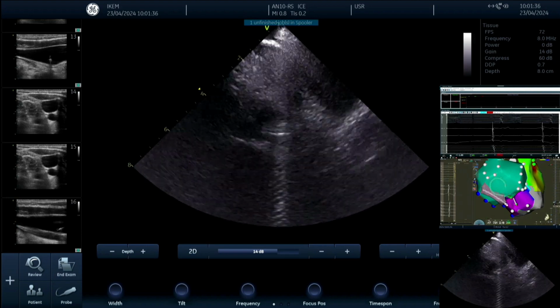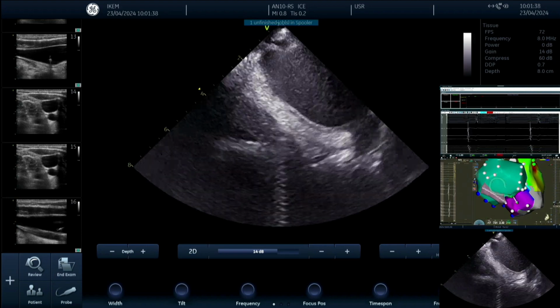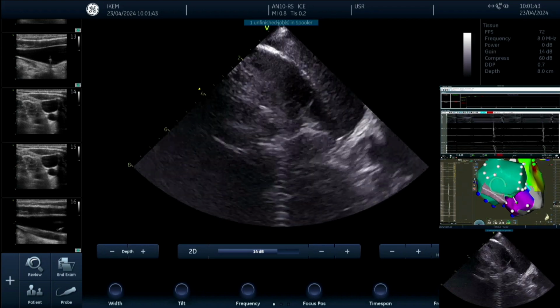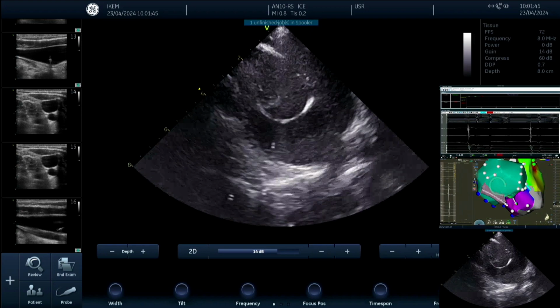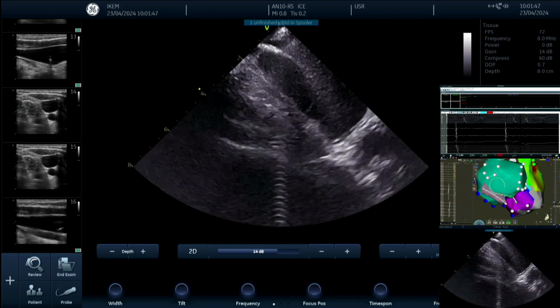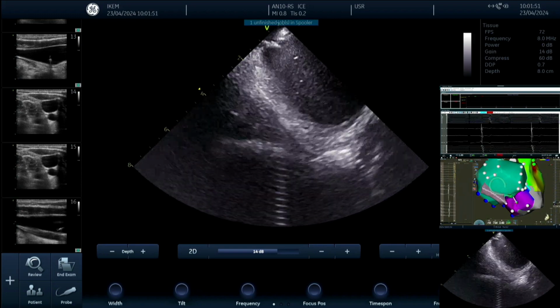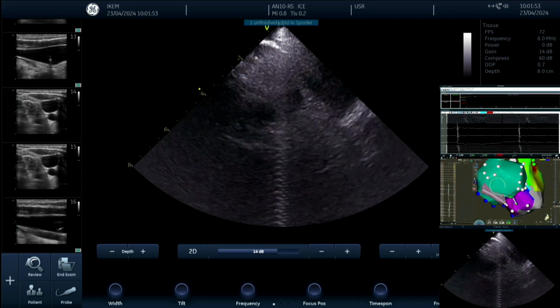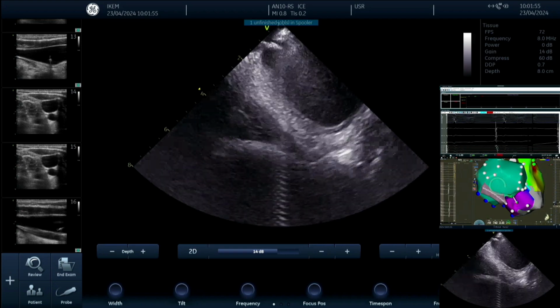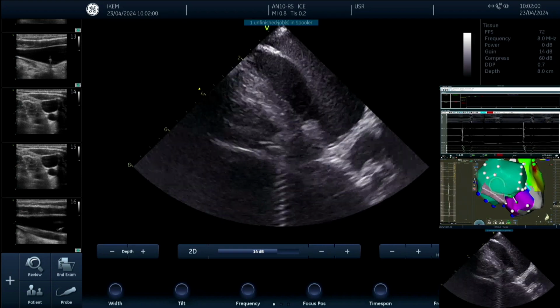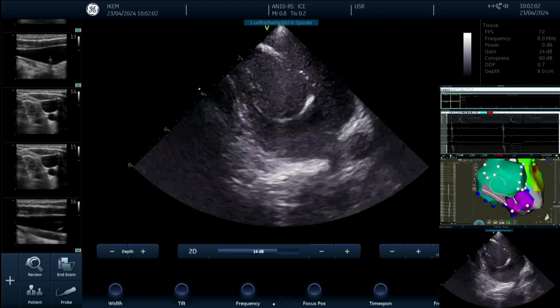And one very important thing: usually this sweet point for the AV node denervation is in the middle of the space between the annulus and the right inferior pulmonary vein. Sometimes you have to go a little bit higher or lower, but it's somewhere here.